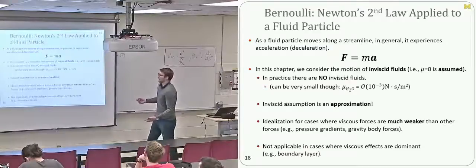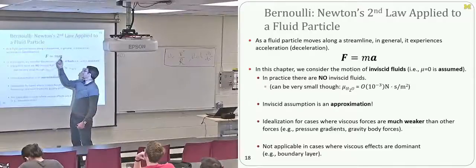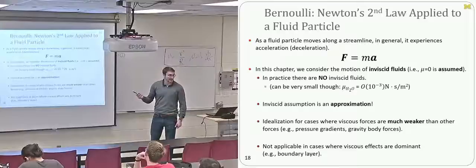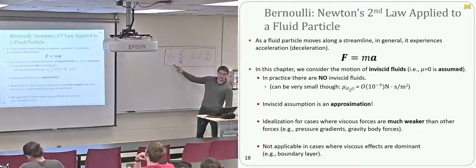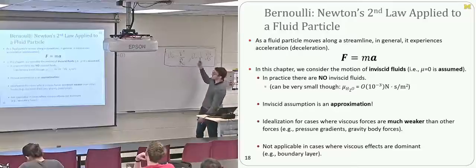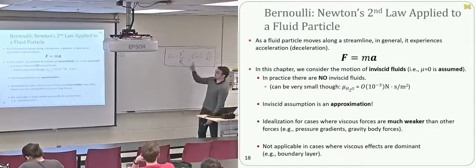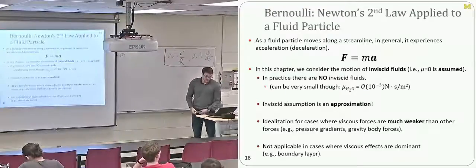Instead of putting our vectors in x, y, z components, i, j, k, we're going to put them in streamwise and normal components. And since we have expressions here for the accelerations, we can plug these in through our a vector. So it's our job to come up with what force components drive the motion of a little particle mass that's attached to a streamline.